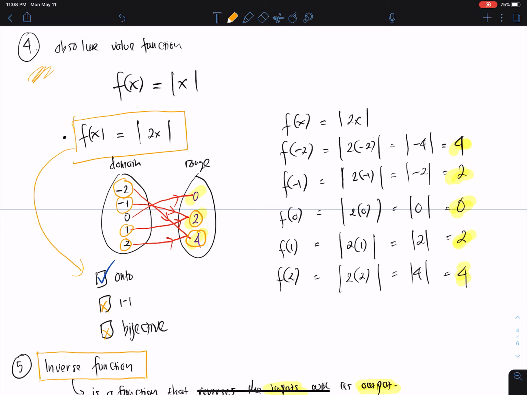If we look at the bigger picture of all the numbers, there are negative numbers and positive numbers. Since the absolute value function converts all negative values into positive values, in the earlier case we said the absolute value function is onto, but in the big picture it is not onto, because if the range has a negative value, that negative value will not have any pair, as the absolute function converts all values into positive.